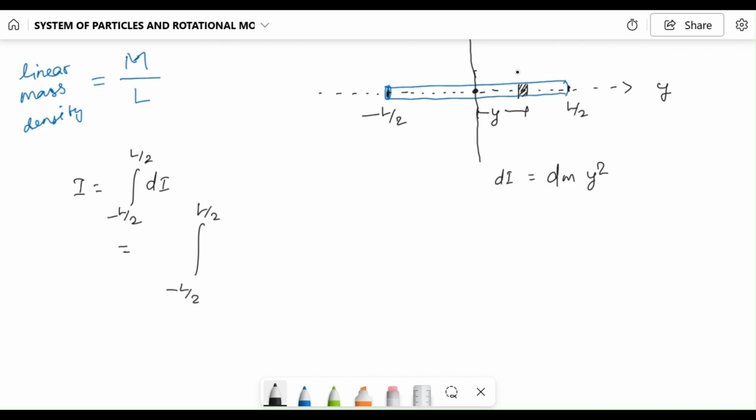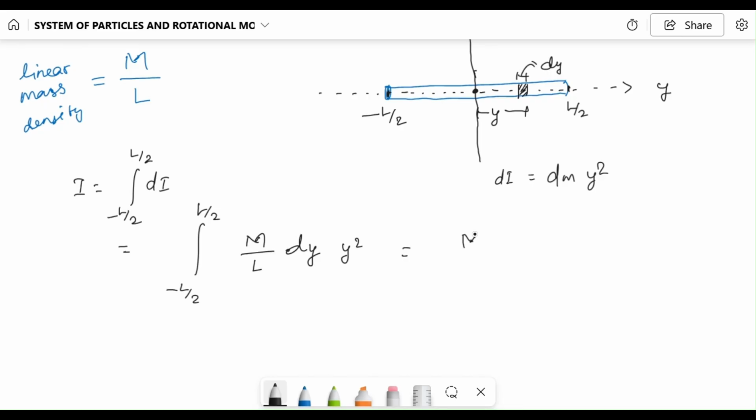Let's say this element has a very small length dy. So dm will be this linear mass density times this length, so this dm will be mass per unit length into this length dy, and then we have to multiply it with y square. So this M by L is constant, of course.